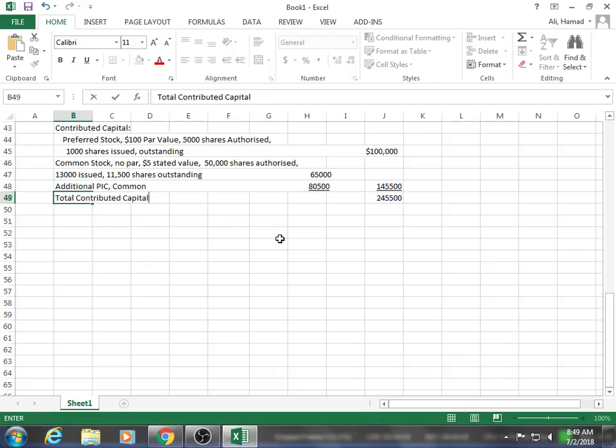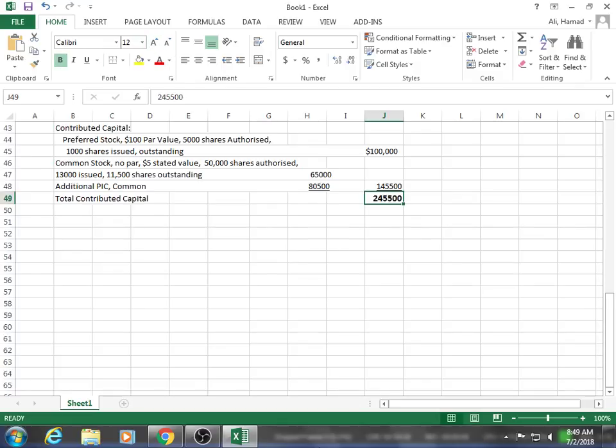I'm going to put that in bold and a little bit higher so it will be recognized, and underline it. This is the first component, contributed capital. The second component is retained earnings.